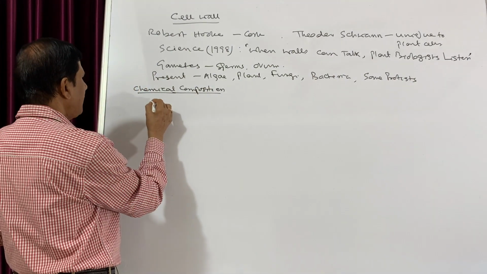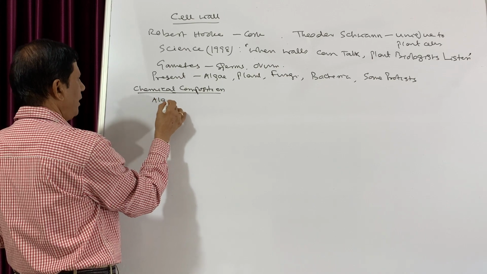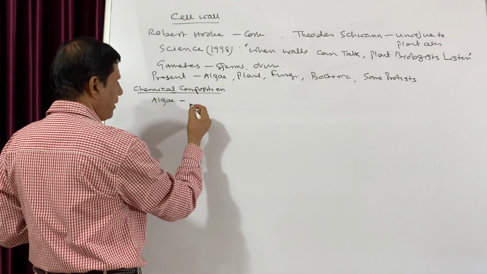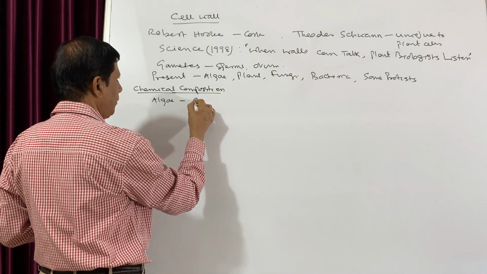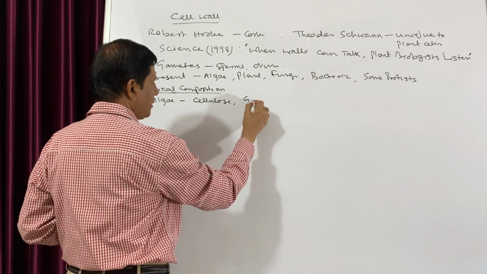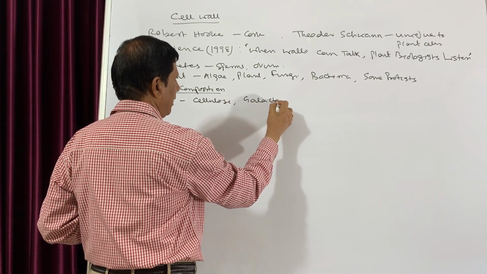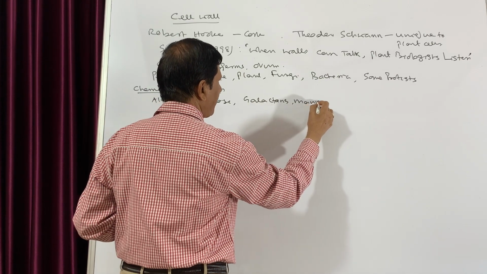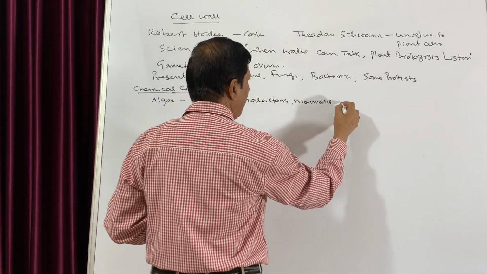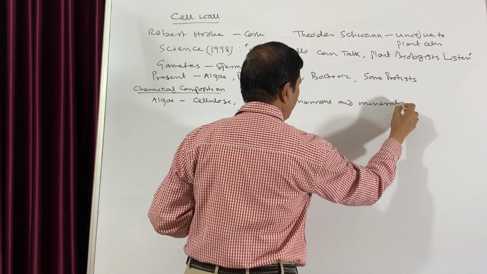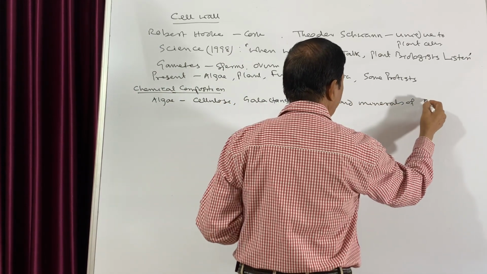Now if you take the first case of algae, usually the cell wall is made up of cellulose, then galactans, mannans, and minerals of calcium carbonate.